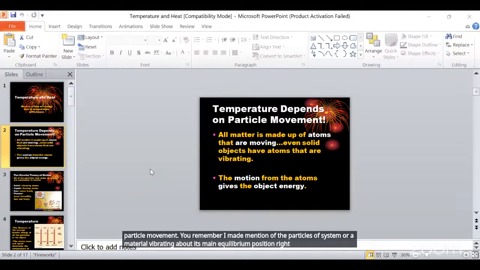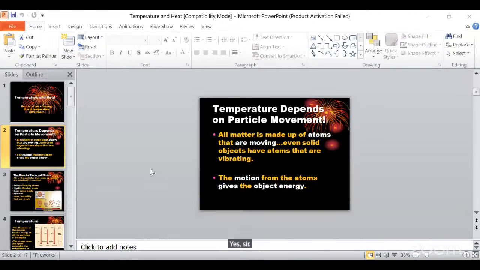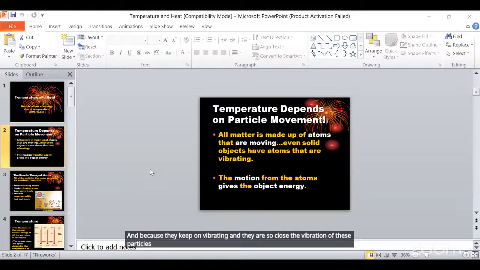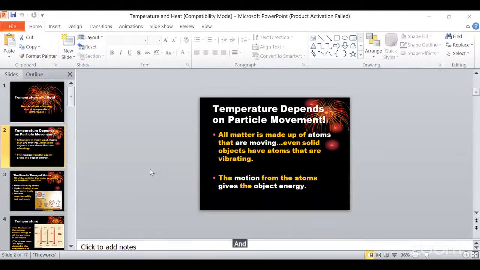The motion from the atoms gives the object the energy. And because they keep on vibrating and they are so close, the vibration of these particles results in collision with the next neighboring particle, and that will cause an increase in temperature, okay?